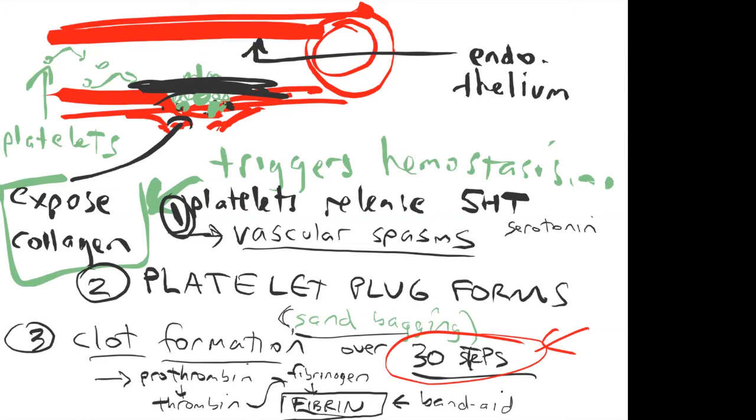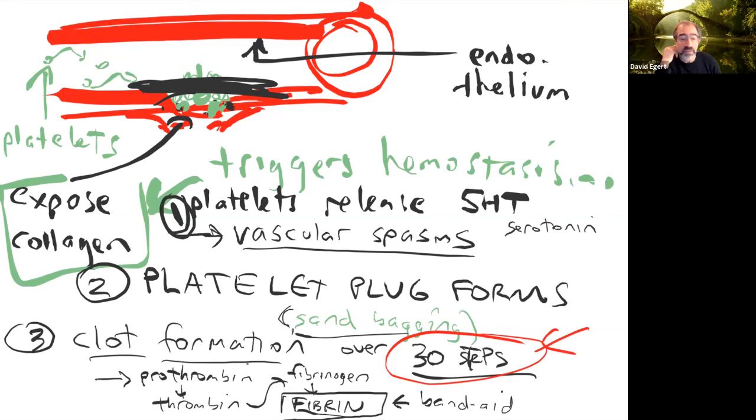Is that hemophilia? Yeah, that's hemophilia. So hemophilia is there's some genetic problem with one of the plasma proteins involved in this whole process, and that means it's going to impair your ability to clot.